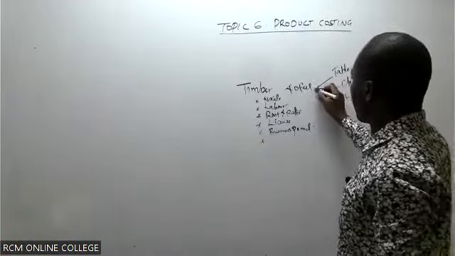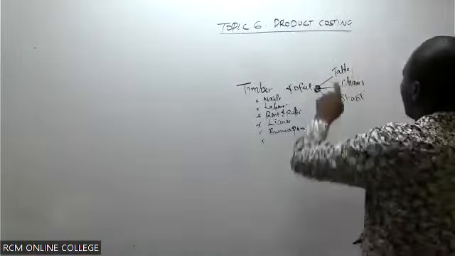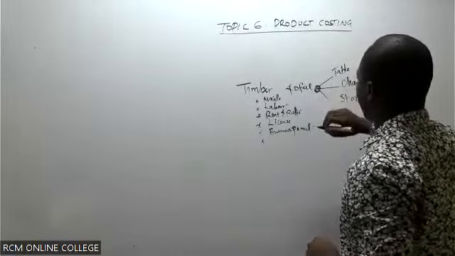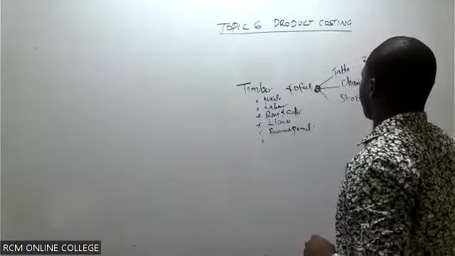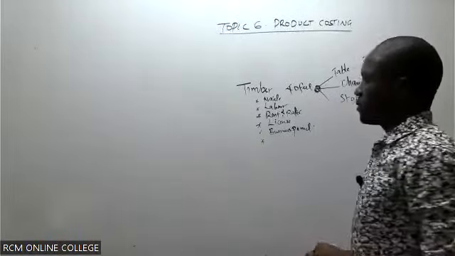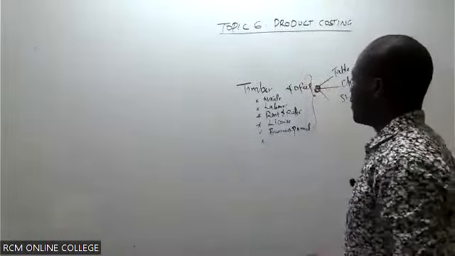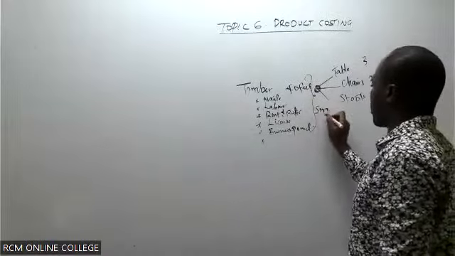Now here the company can decide to produce 3 pieces of tables, 3 pieces of chairs, and then 5 stools. The cost that has been incurred here is, let's say, 5 million.